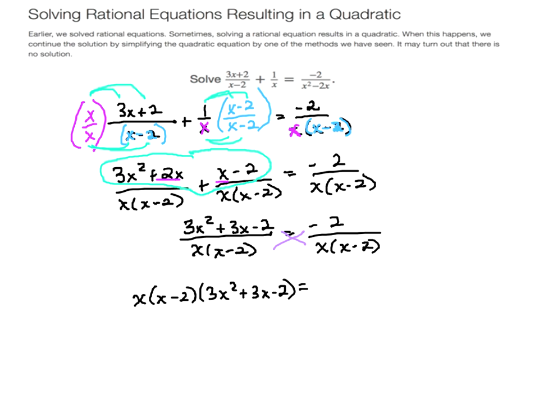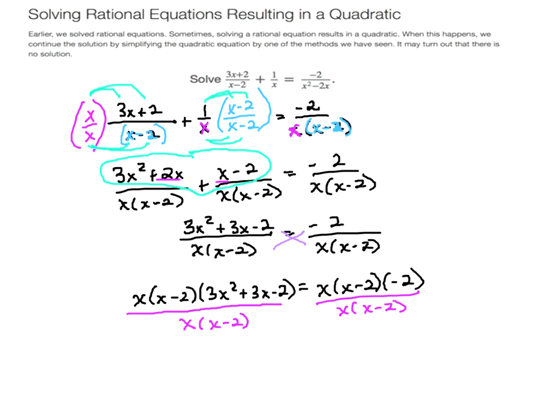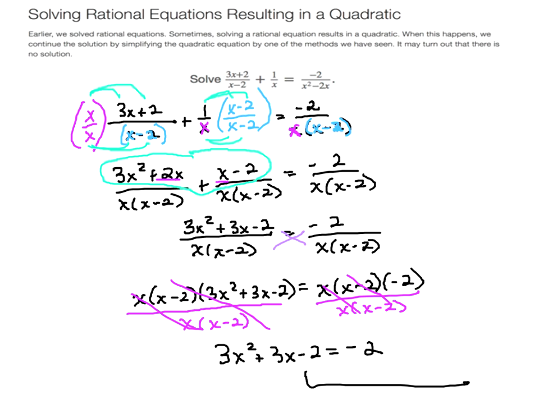You only cross multiply across an equal sign. And then I have x times x minus 2 times negative 2. Now, this will be a sweet move for you here. You can divide x times x minus 2 off of both sides. And that leaves me with 3x squared plus 3x minus 2 equals negative 2.